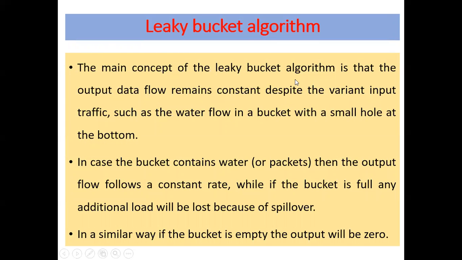The main concept of the leaky bucket algorithm is that the output data flow remains constant despite the variant input traffic. Whatever the input flow, whether slow or fast, we'll get the output at a constant rate, such as water flowing from a bucket with a small hole at the bottom. If the bucket contains water or packets, then the output flows at a constant rate.